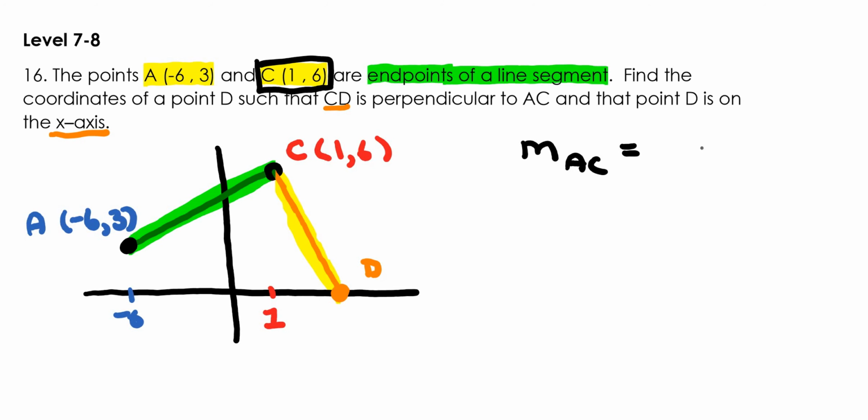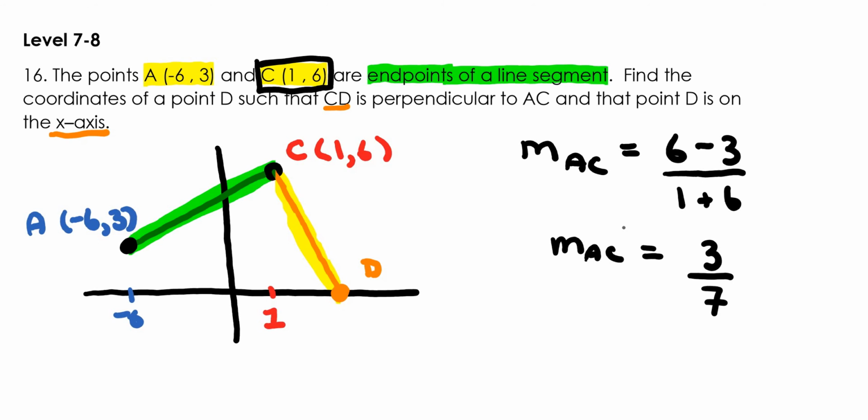So that's 6 minus 3 all over 1 plus 6. 6 minus 3 is 3, and 1 plus 6 is 7. So the slope of AC is 3 over 7. What that means is that the perpendicular line CD has a slope of -7 over 3.